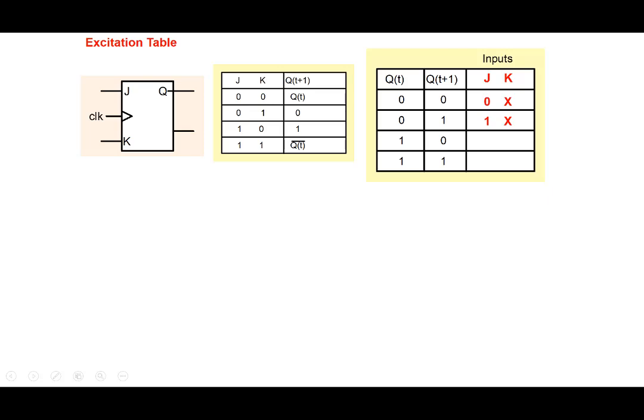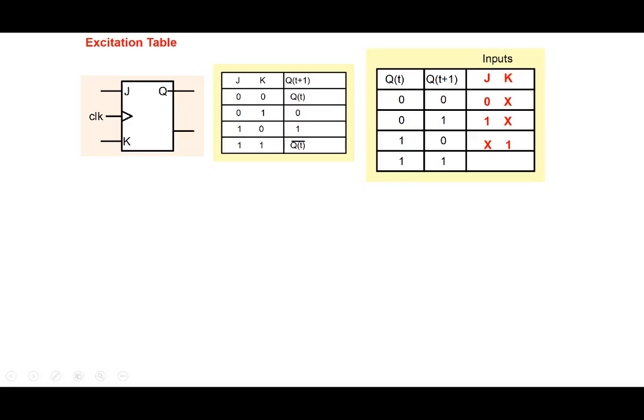If you apply 1 0, then the output will go to 1. But because 0 to 1 is also a toggle, you can also apply 1 1. If you combine these two, 1 0 is a possibility and 1 1 is a possibility. It means that K doesn't really matter. All you have to ensure is that J equal to 1, and K is a don't care.